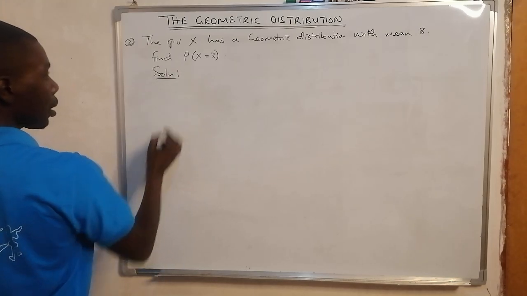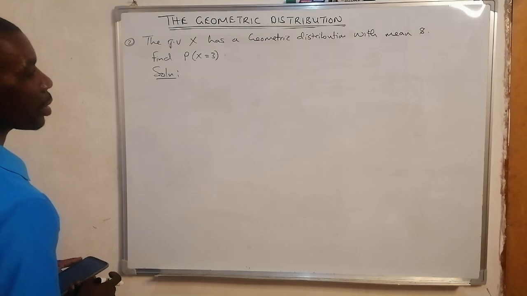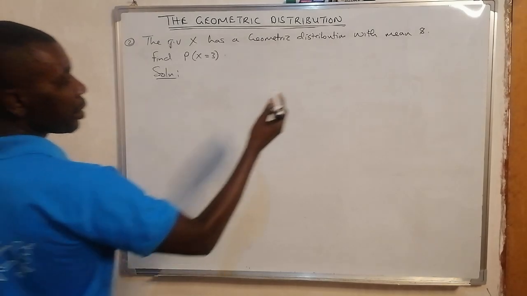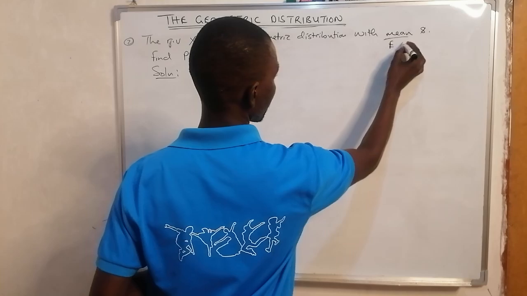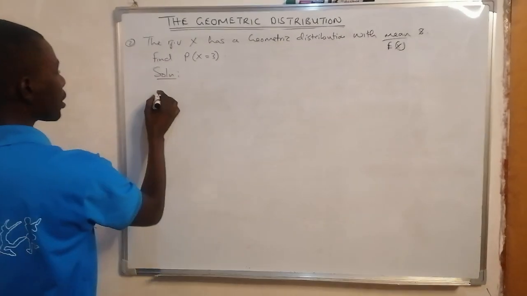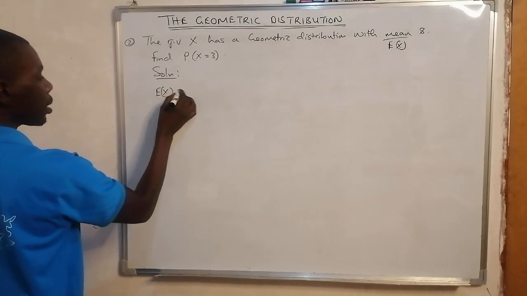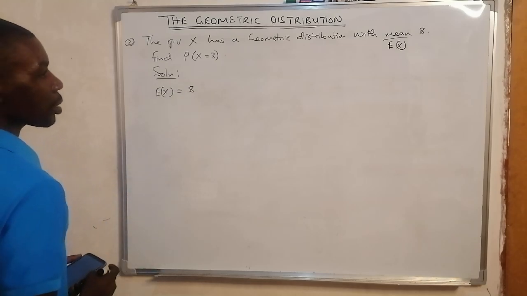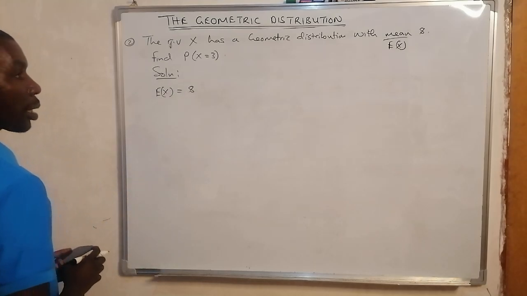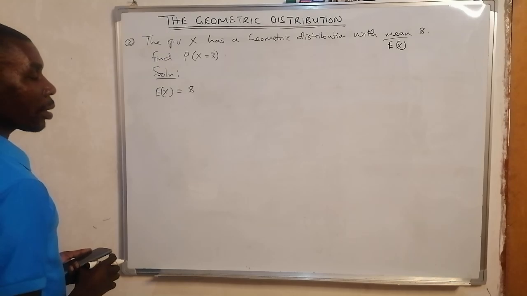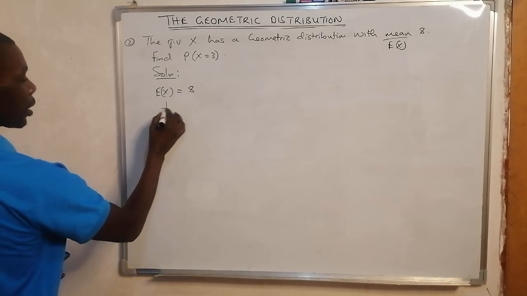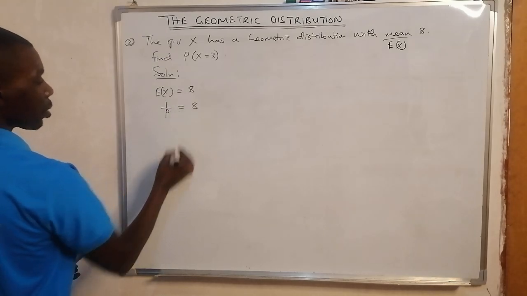Solution, right? Remember, we said mean is the same as expectation. So in this case, we have our E of x equals 8, right? But E of x under geometric distribution is given as 1 over p, that's equal to 8.